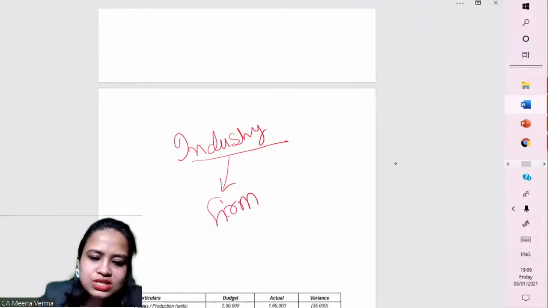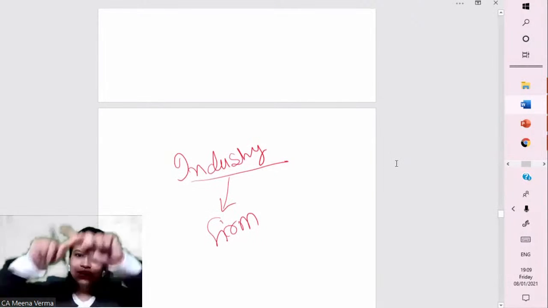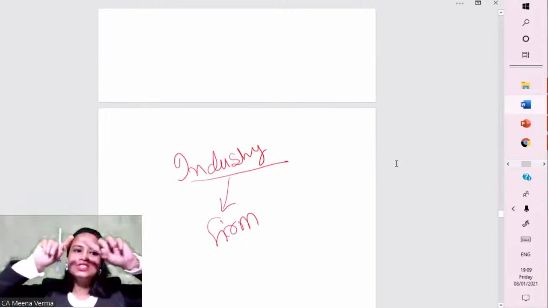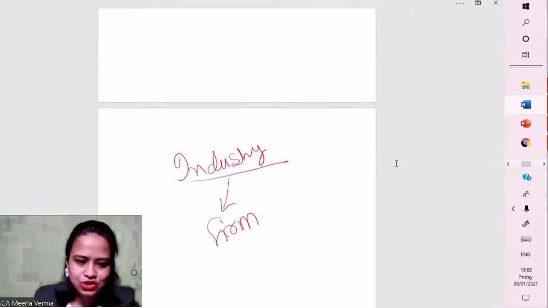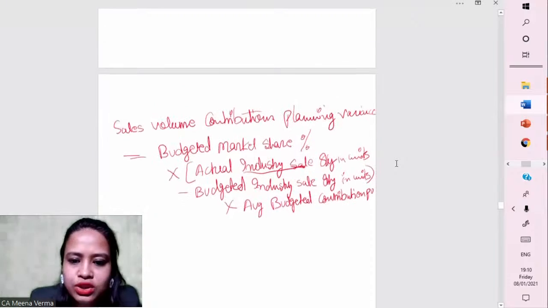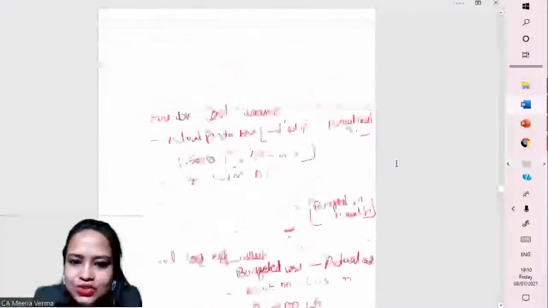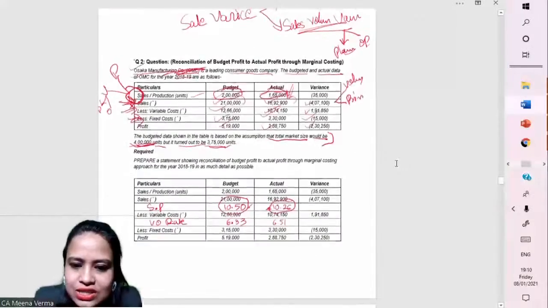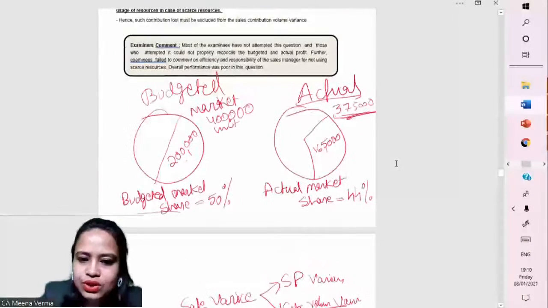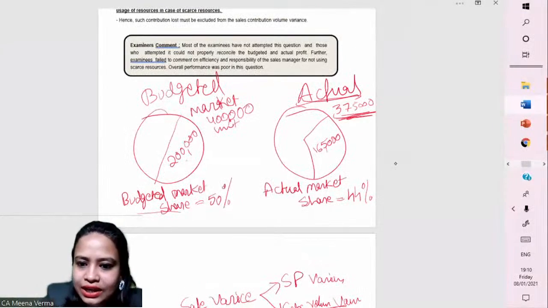I hope you understand this. The sale of the entire industry will include the sale of other organizations, other firms also. So they have asked you to consider the actual industry sale. The actual complete industry sale is this.